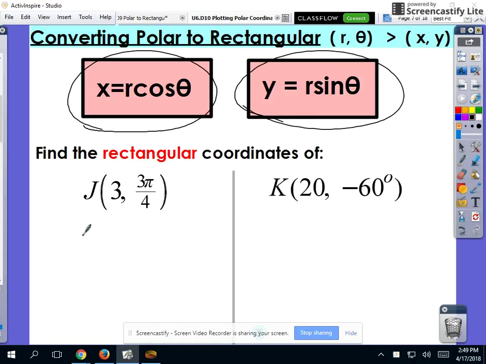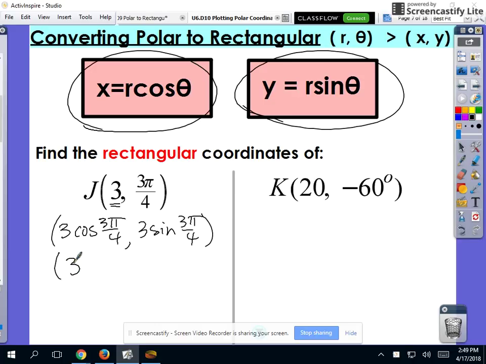Let's see what our equation would give us. So let's say we're trying to find 3, 3 pi over 4. 3 is the radius, and this would be the theta. So let's go ahead and write it as 3 cosine 3 pi over 4 and 3 sine 3 pi over 4. Yes, this does require a little bit of work on your part as far as remembering the unit circle.